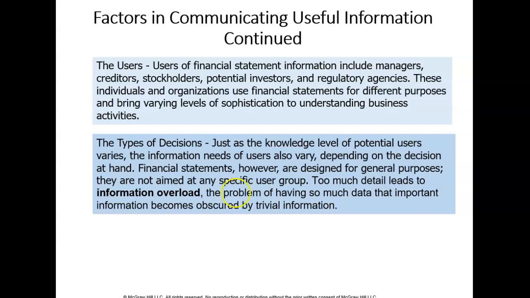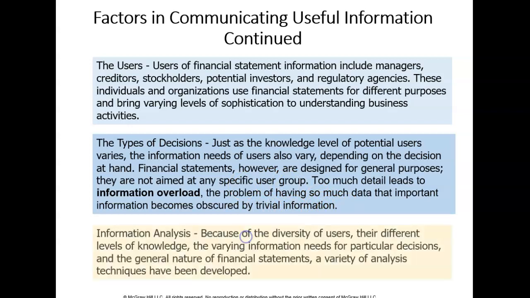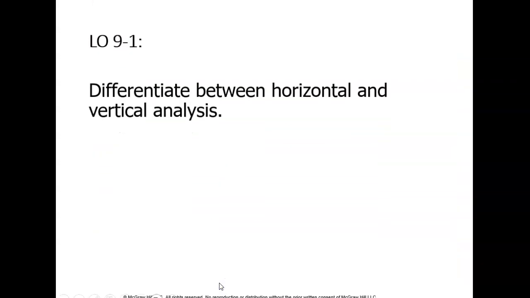So in Chapter 9, we're going to break down that information into what we call financial ratios. All right. So we're going to learn how to take the information shown on these financial statements and use a variety of analysis techniques called financial ratio analysis.